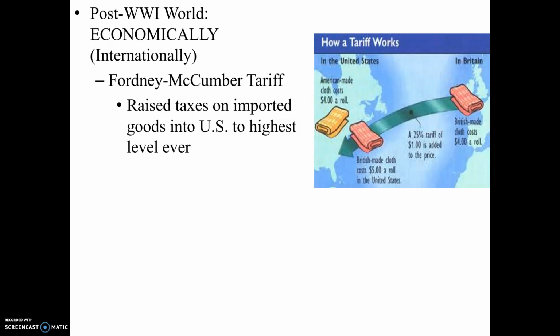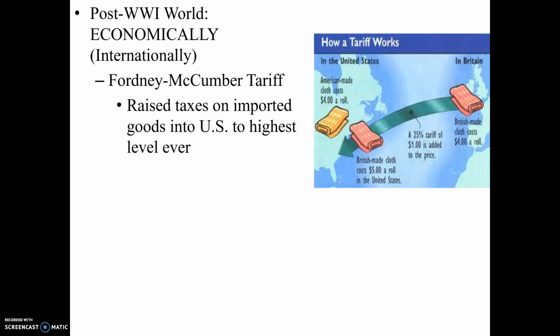So a dollar is artificially added to that price in order for the manufacturer to make up for that tax. They've got to charge more for that roll of cloth to be sold in the United States. So you can see that the American-made roll still costs $4, whereas the British-made roll now costs $5.